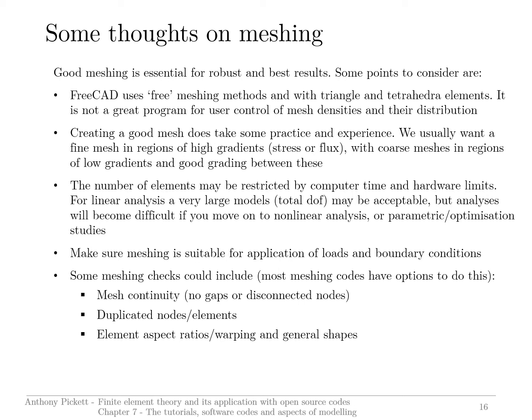This has the big advantage that it can quickly construct a mesh for more or less any geometry, but it does have the disadvantage that you don't have very good control of the distribution of elements and the mesh densities in different regions. There are some tools in FreeCAD to help to control this, to specify locally on the edges or surfaces some mesh refinements, but generally it's a bit limited, let's say.